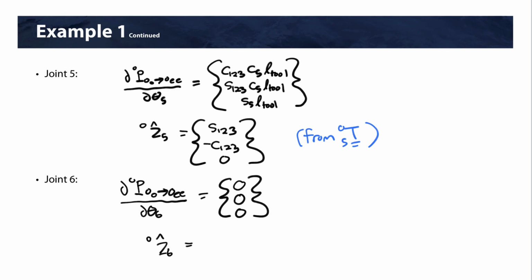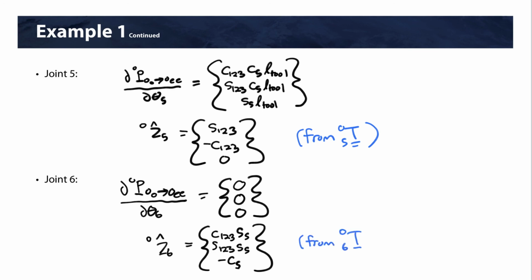So we can write that out. We'll have C123 S5, we'll have S123 S5, and we have minus C5. And again, we got that from T06.